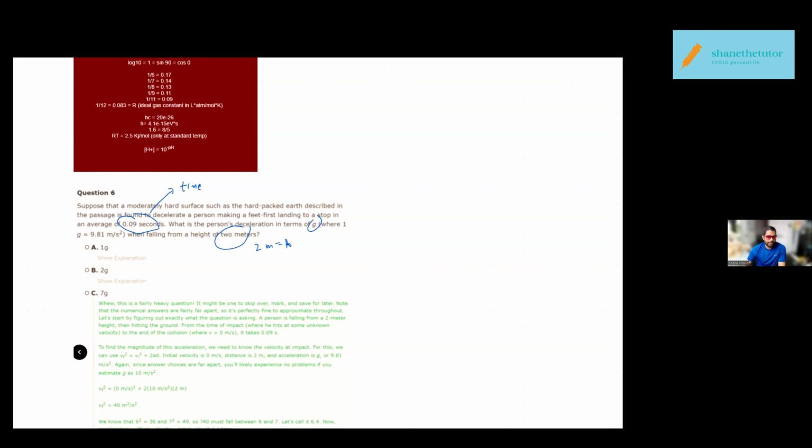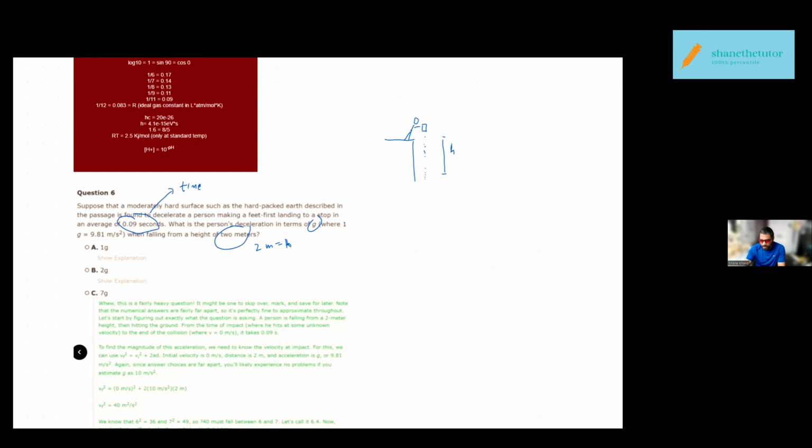A projectile is anything that is undergoing an acceleration strictly due to gravity. So that could be if you had, let's say, this little box dropped from a height of h, the box will drop and land down here.